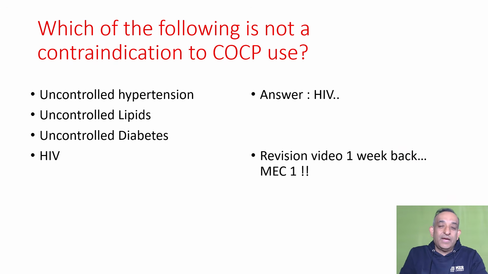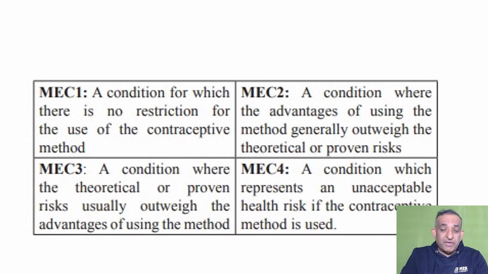So that is MEC 1. And MEC 4 means, for example, if a patient is having vaginal bleeding, can you give an IUCD? No, you cannot, because undiagnosed vaginal bleeding is a contraindication for IUCDs. That is MEC 4. So for a quick recall, I've given you what is MEC 1, MEC 2, MEC 3, and MEC 4.